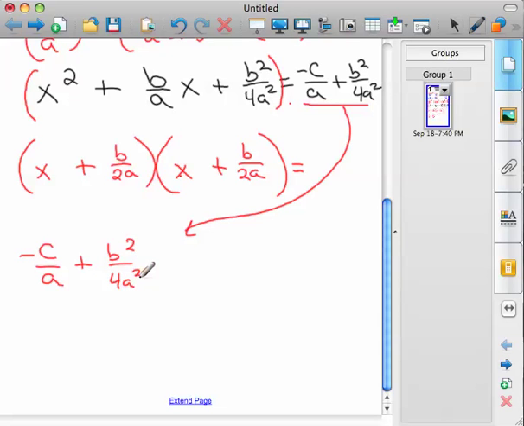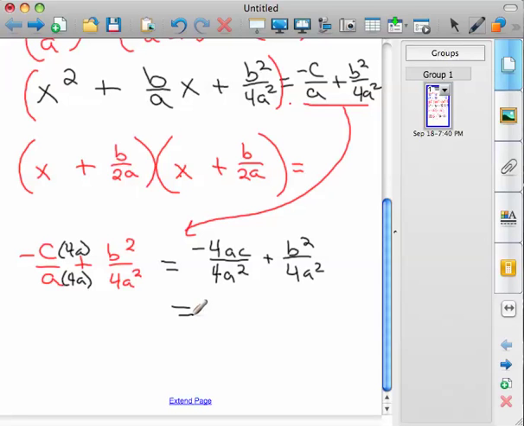On the left side, we are missing a 4 and an a. So now you've got negative 4ac over 4a squared plus b squared over 4a squared, which can be combined to negative 4ac plus b squared all over 4a squared.